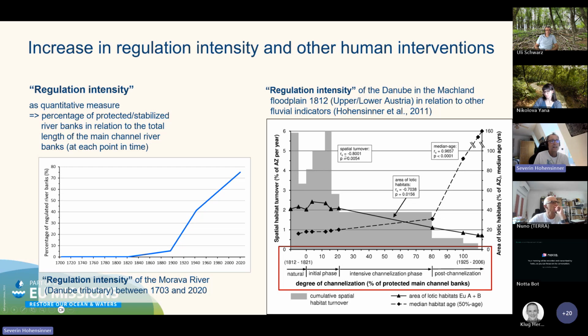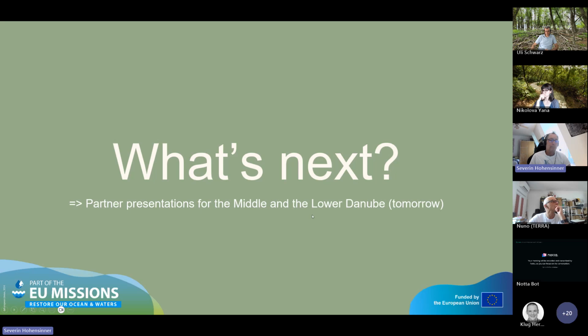And as you can see, the correlation was rather high between this very simple metric of regulation intensity and different types of other fluvial metrics. Yeah, that's our program we have to do when we have the reconstruction finished, or we will work in parallel. We will do first analysis while reconstructing the older time situations.